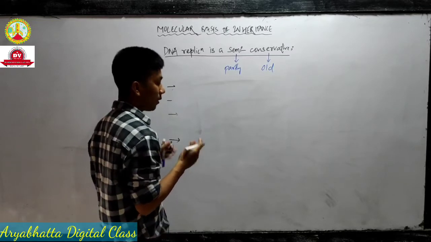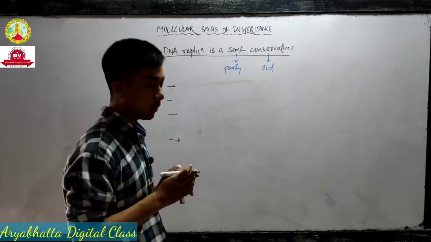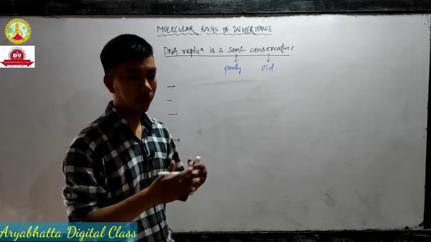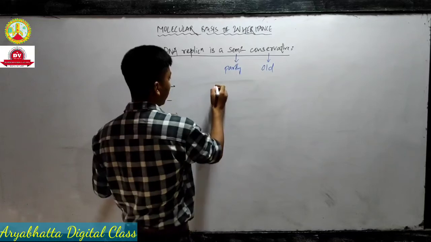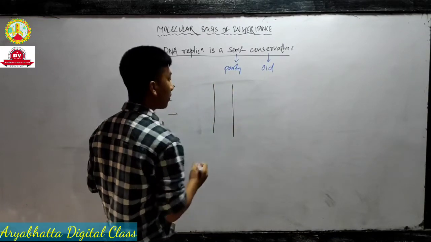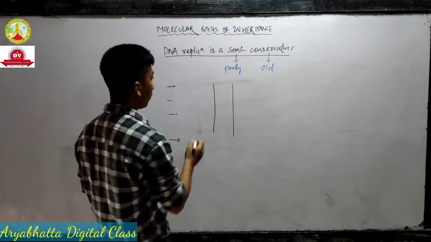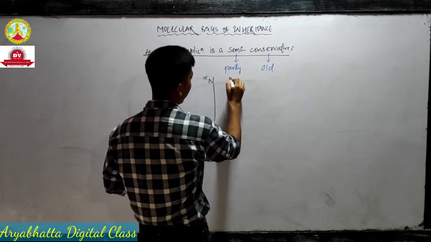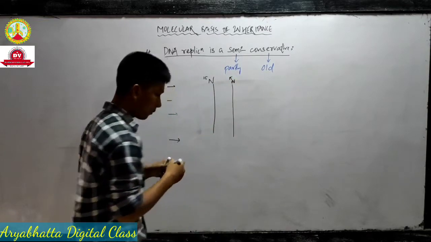So let me draw the DNA of the bacteria. After reproducing, the bacterial DNA will contain heavy nitrogen. Heavy nitrogen we write N15.